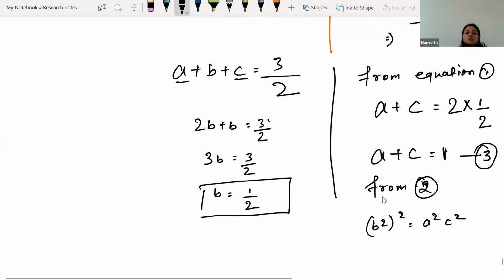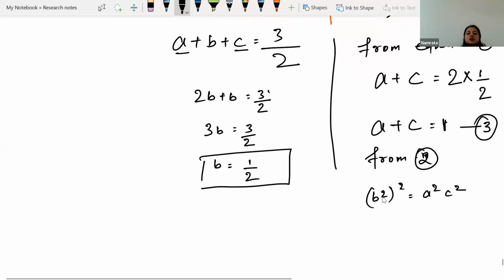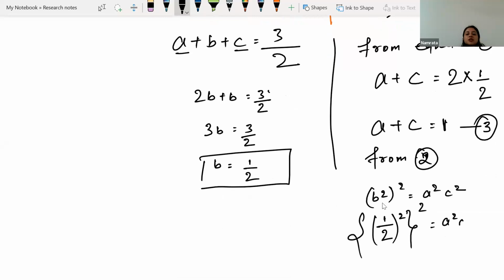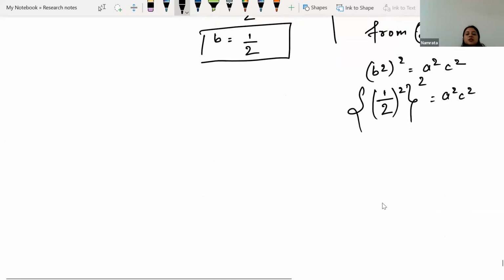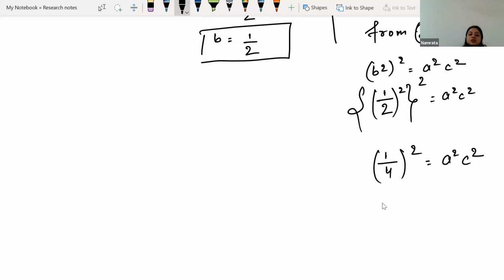Now if we will be substituting 1 by 2 over there, so 1 by 2 whole square, and that's again whole square, is equal to, so 1 by 4, if we will be removing this square and sending it to the other side, that means 1 by 4 is equal to plus minus AC, right Lina?